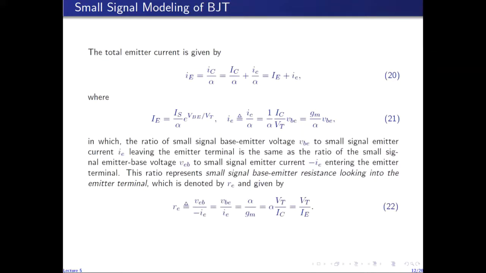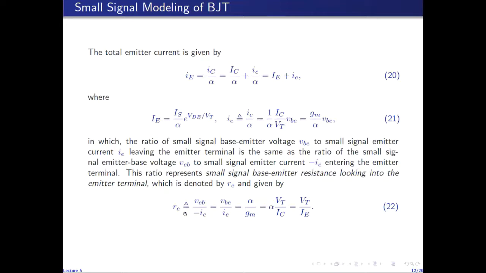And again, if we take the ratio of VEB to minus IE, we know that IE leaves the emitter terminal. So if we again imagine the emitter-base terminals to be constituting an input port, and if we divide the voltage of the emitter with respect to base, VEB, with the current entering the emitter, and the current leaving the emitter is IE, which means that the current entering the emitter will be minus IE, then this by definition gives us the resistance looking into the emitter.